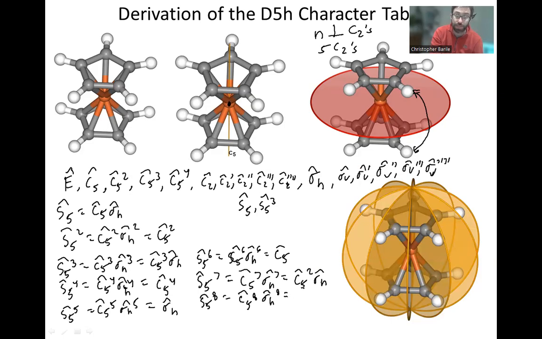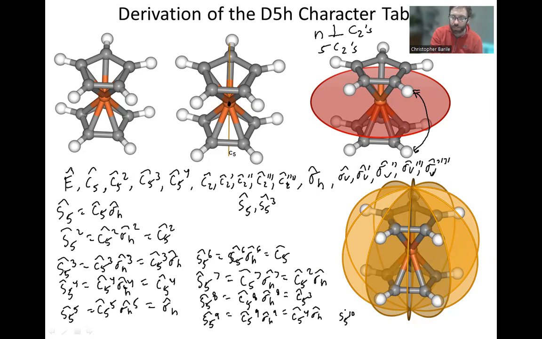Sigma h eight times is equal to identity. C5 eight times is equal to C5 three times. And sigma h is an even number of flips, that's equal to identity. So we just got C5 three, not a unique operation. S5 nine times is C5 nine times followed by sigma h nine times. That's equal to a C5 four times followed by sigma h. All right, that is a unique operation.